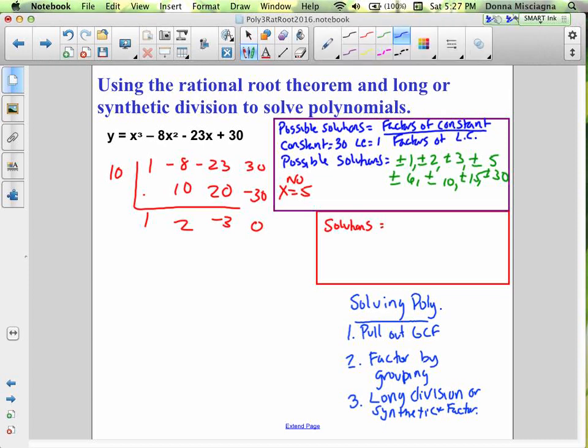All right, so this is our remainder. This is our constant, our x, and our x squared. So this is x squared plus 2x minus 3 equals 0. And again, let's do factor by grouping. So 1 times -3 is -3. We need two numbers that multiply to give us -3 and add to give us our b term of 2.